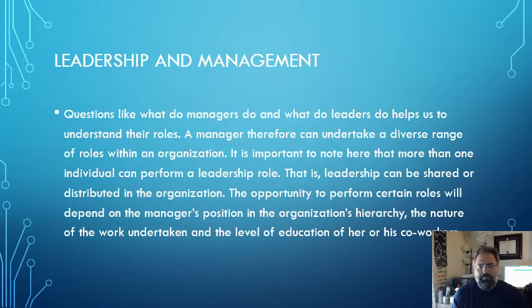There may be multiple leaders or fewer leaders, depending on the type of organization and where they're distributed in it. But often, in order to exert some degree of influence, you have to have a certain educational level, be at a certain level within the organization, and probably have a certain amount of respect from your coworkers.